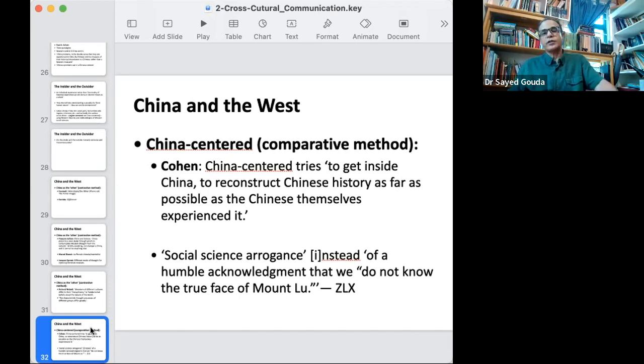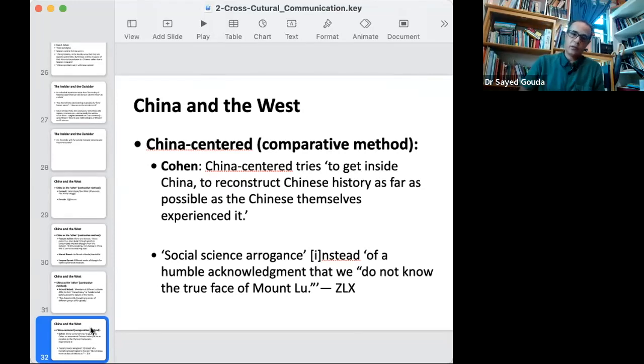Professor Zhang Longxi calls this Western attitude, the way they study Chinese history and apply Western methodologies and Western theories on Chinese phenomena, social science arrogance.